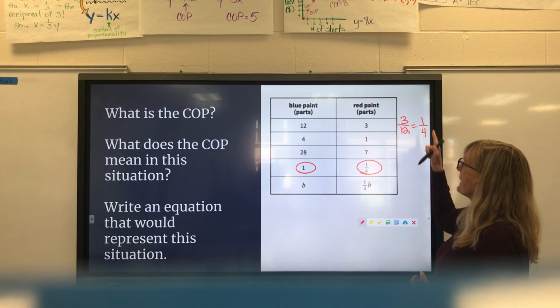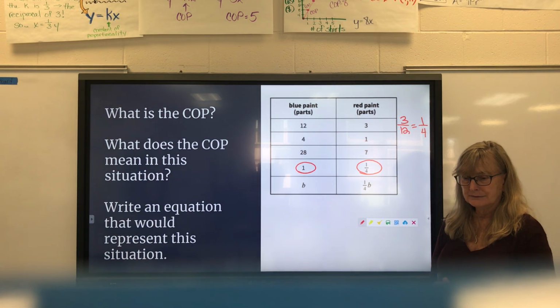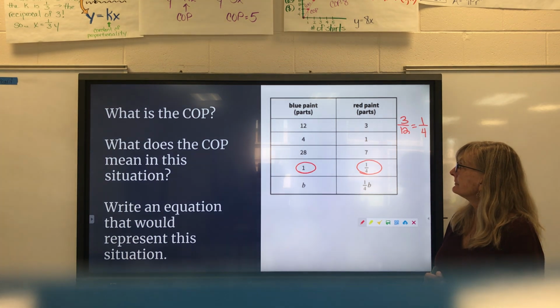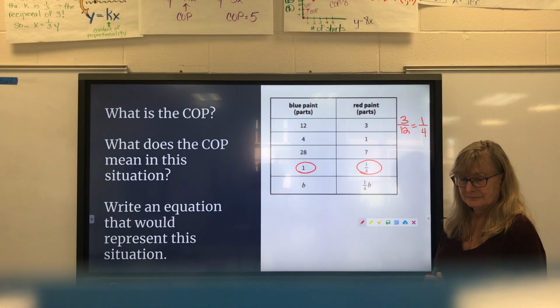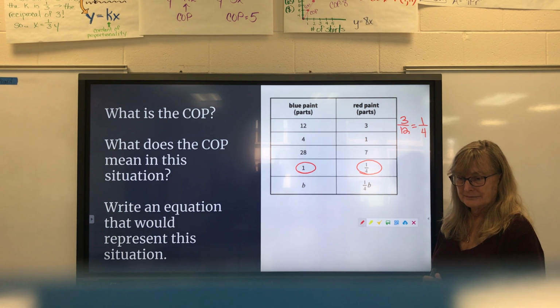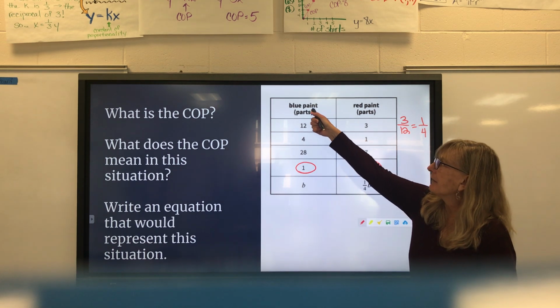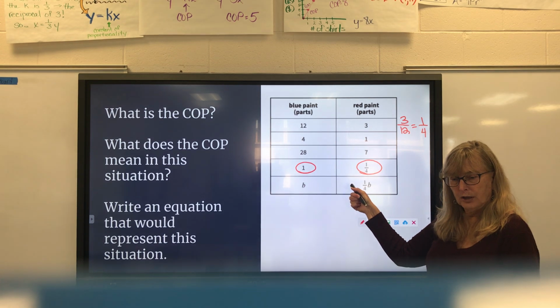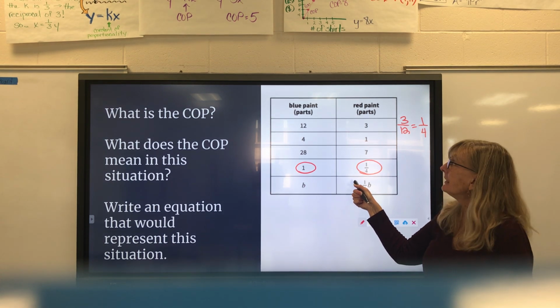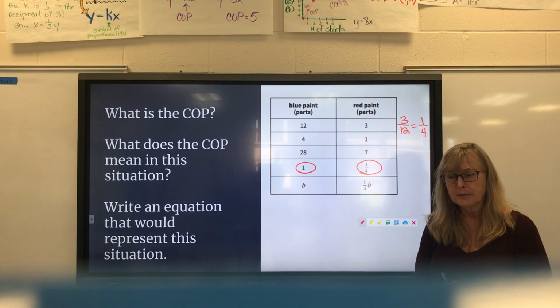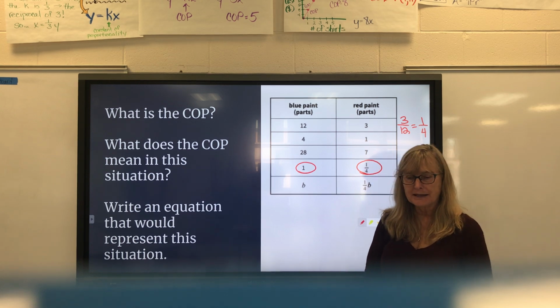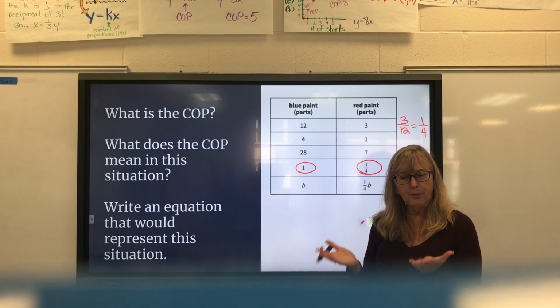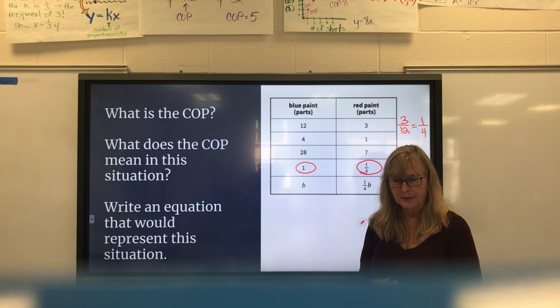Okay? What does that 1/4 mean? That means if I have 1 part blue, I'm going to need 1/4 of that to equal the purple paint. It's a recipe. It has to be the same or the purple won't be the same shade of purple, right?